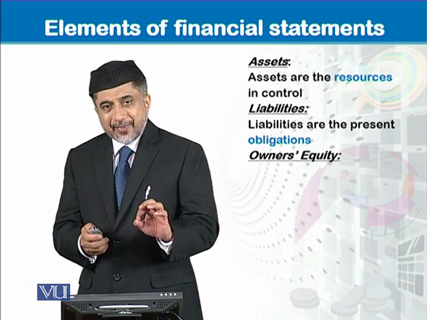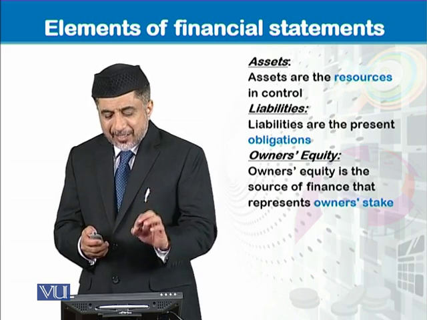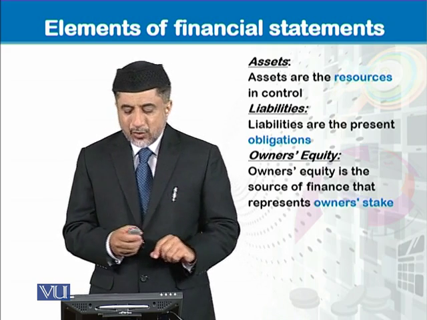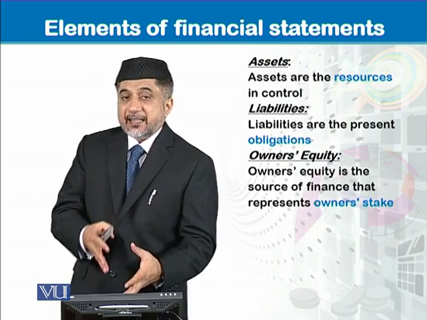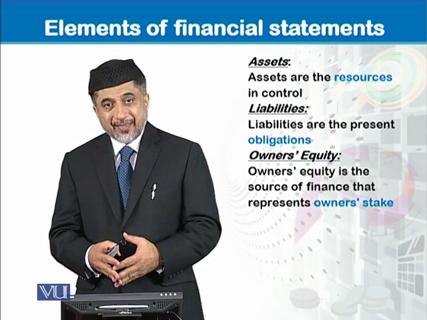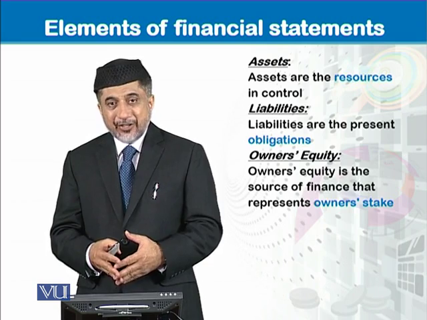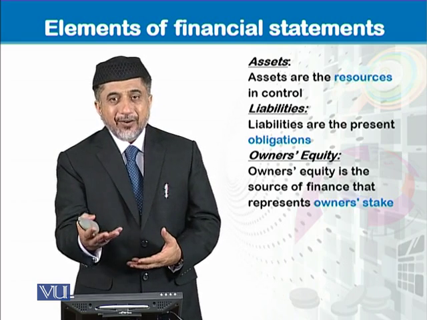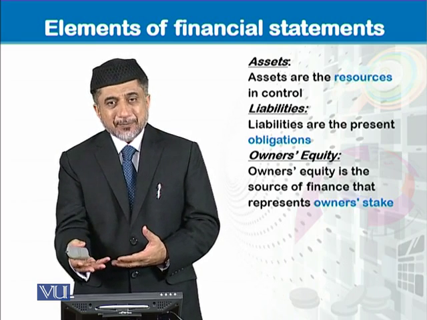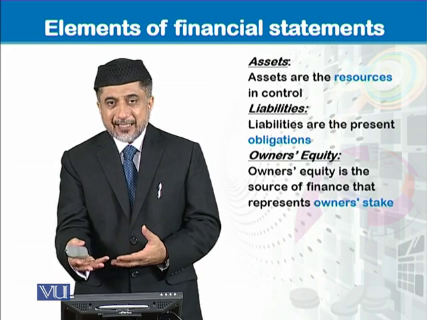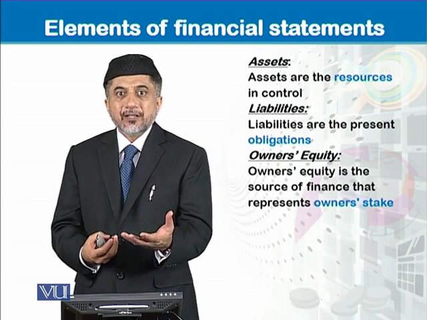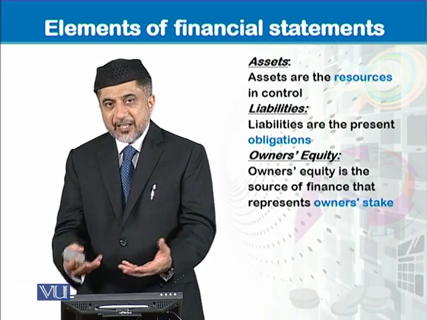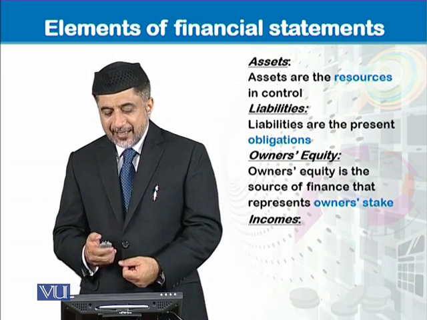Owner's equity. It is in fact a source of finance that is representing the owner's stake in the entity. Obviously, the owner introduces capital in the entity and the entity generates profits for the owner. So these are the stakes of the owner in the entity.